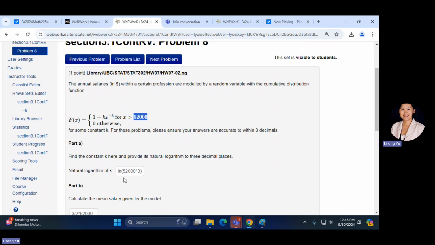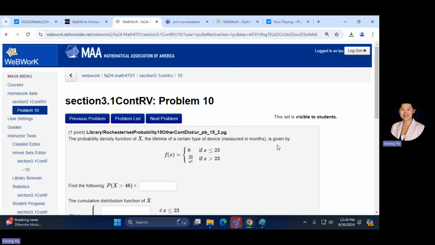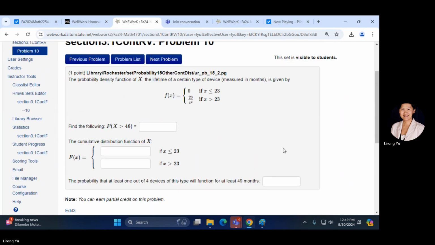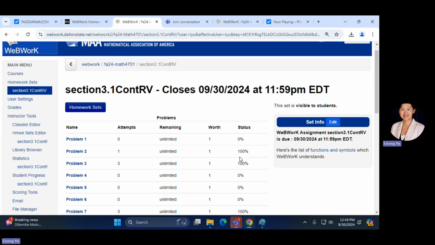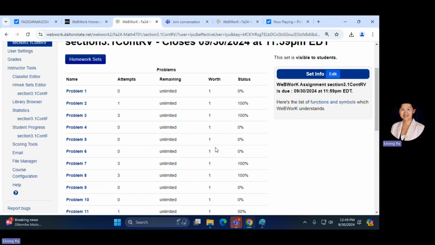So we will apply that to find the K. I think if y'all did it, then I'll go back and look at it. Okay, then question 10. Last time we did 7 and 8. We didn't do 1, but we did 2 and 3.